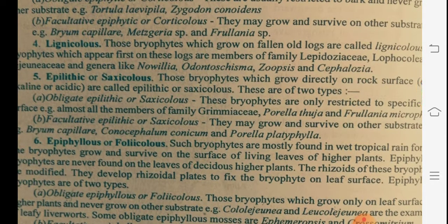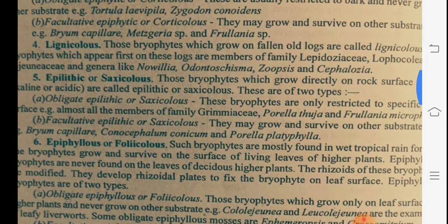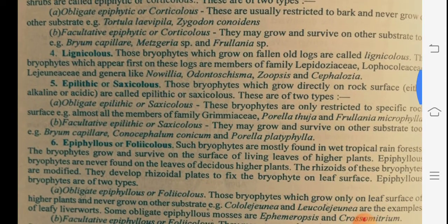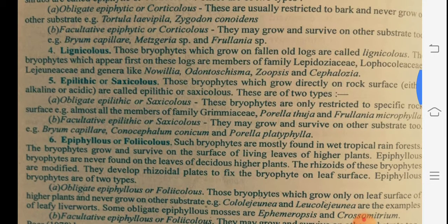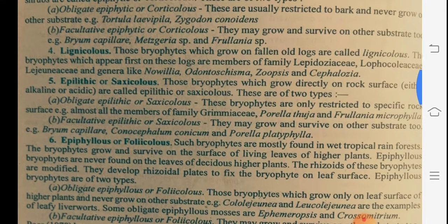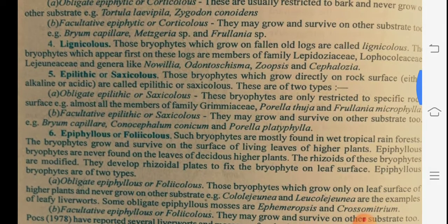These are the common genera, and some species are reported. Then facultative, or saxicolous, may grow and survive on other substrates, therefore they are called facultative. Good examples are Bryum capillare, the genus Conocephalum, and Porella. Actually Conocephalum is also found in our Indian region, but specific conditions are very important.